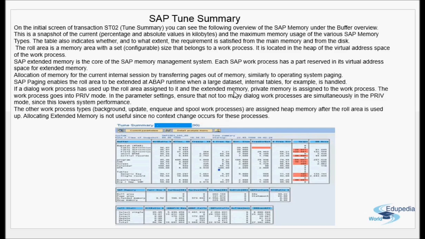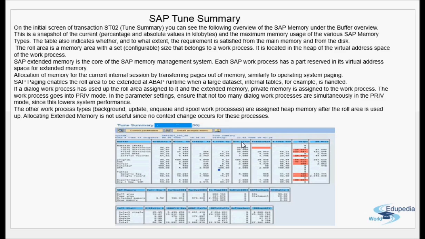So for dialog work processes, in AIX, Unix, these flavors, the order is like this: first the roll area, that is the work process has its own internal memory that is allocated, then it goes to extended memory, then the heap memory is allocated.